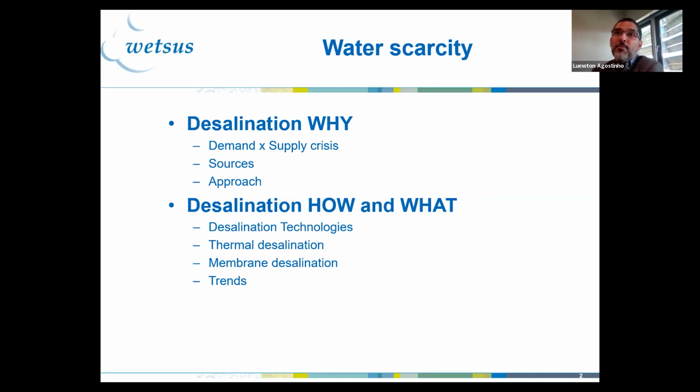We have now a cooperation with a desalination plant in the north part of Brazil, and this is the topic that we are working on: possibilities to reuse the brine. So hopefully I would be able to touch also on this brine part, but let's see how far we can go.